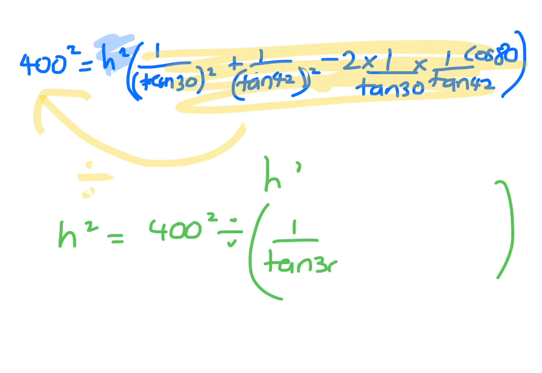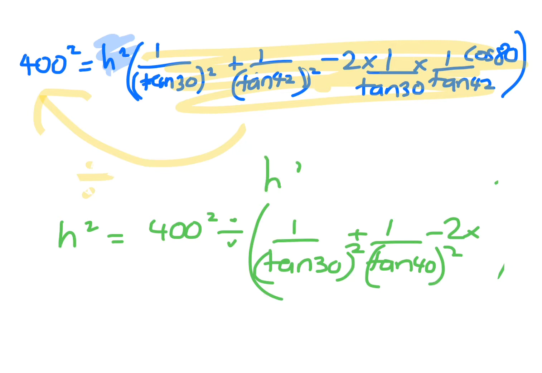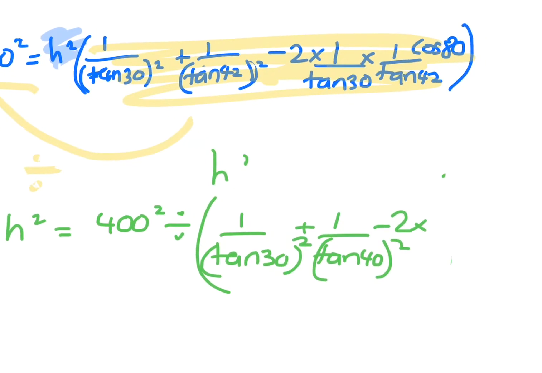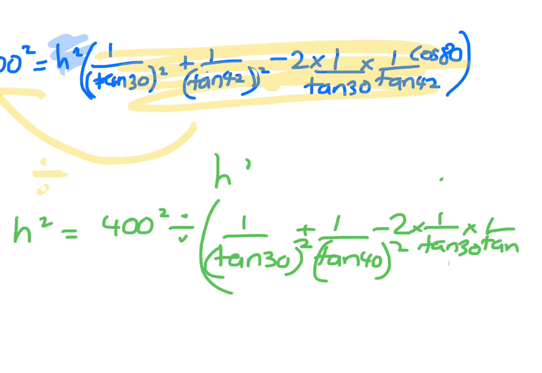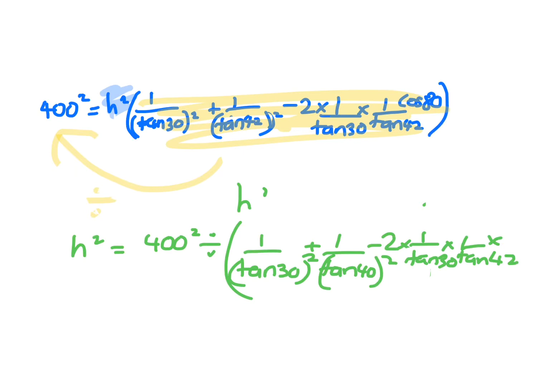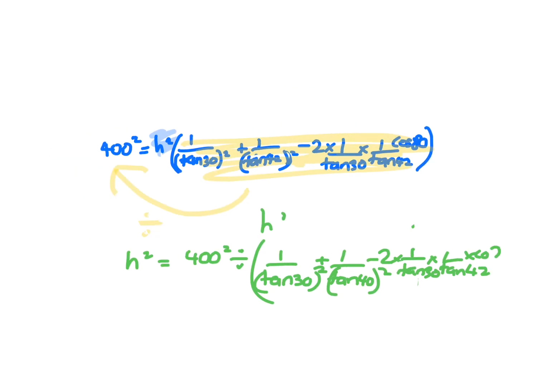So that's 1 over tan 30 squared plus 1 over tan 42 squared minus 2 times 1 over tan 30 times 1 over tan 42 times cos 80. So h equals the square root of whatever that answer is.